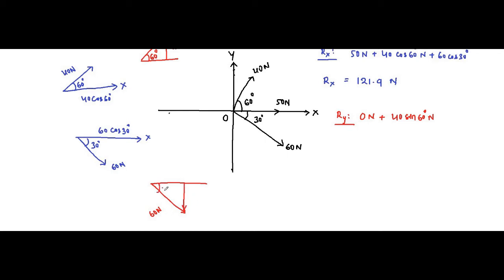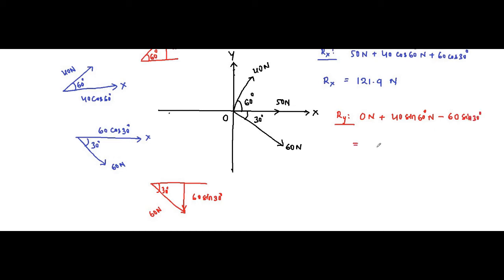This is 30 degrees, so that is equal to 60 sin 30 degrees. This force is acting downwards, and it will have its x component acting towards the right side, but its y component will be acting downwards, and that's why it will have a negative sign, which is equal to 60 sin 30 degrees.